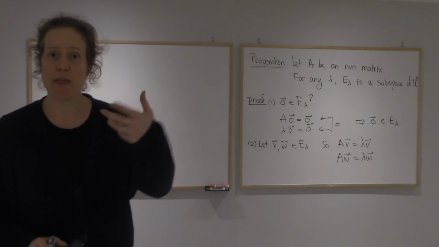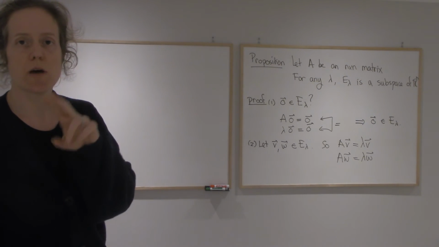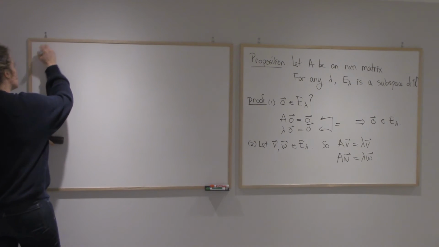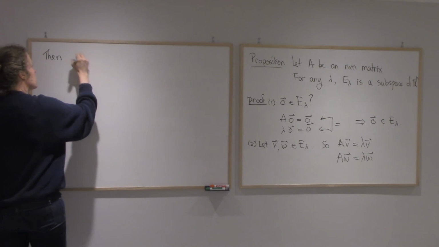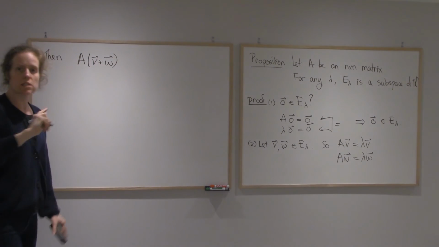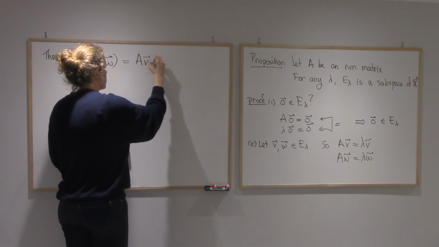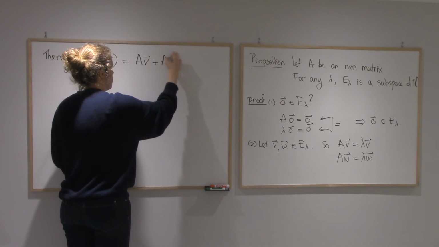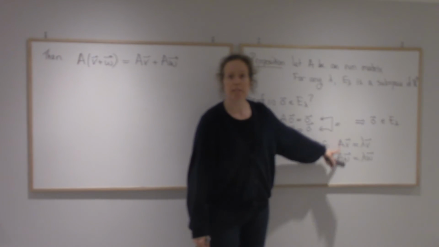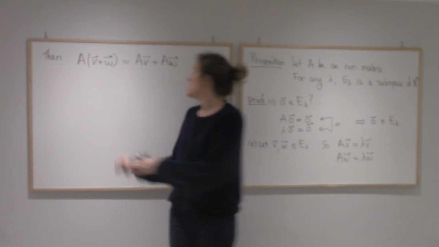Now we want to know that the sum of V and W is also in E lambda. So I'm going to look at what happens when I multiply A by the sum. We can distribute A and get AV plus AW. Now we're going to replace AV and AW by what we know to be true.